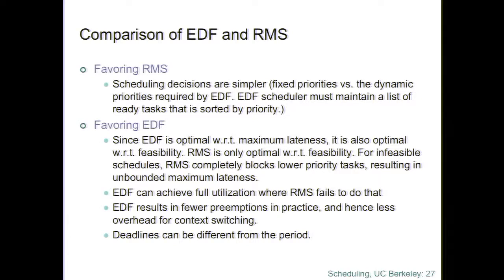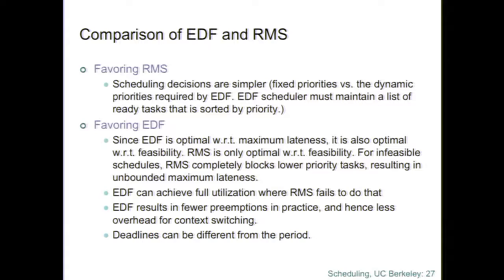And EDF arguably behaves better for some applications than rate monotonic because it doesn't completely block any tasks. As the deadline approaches, those tasks become more and more important. There's a very interesting result, which is that earliest deadline first can achieve full utilization, whereas rate monotonic scheduling fails to do that. That's actually a very subtle result.